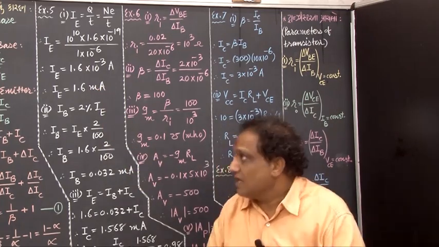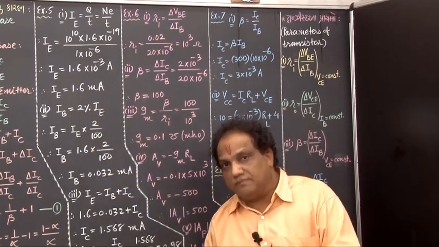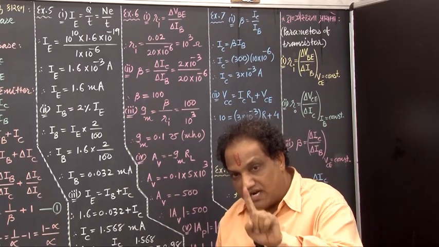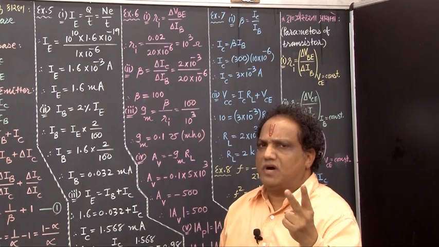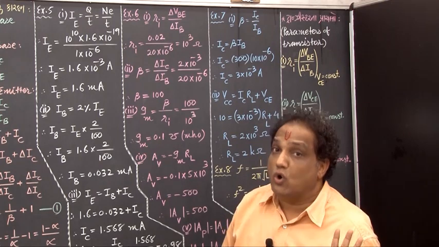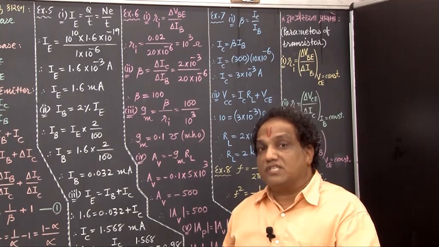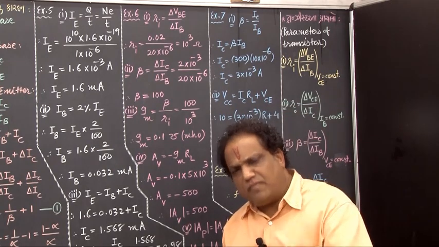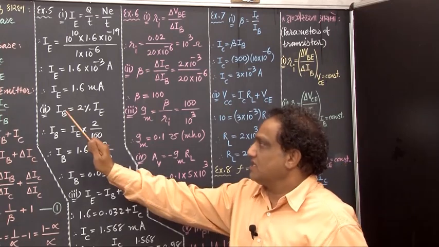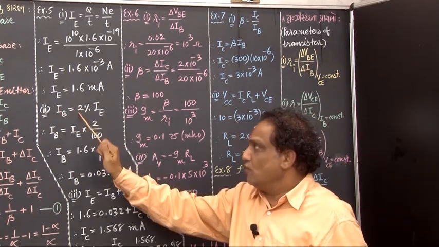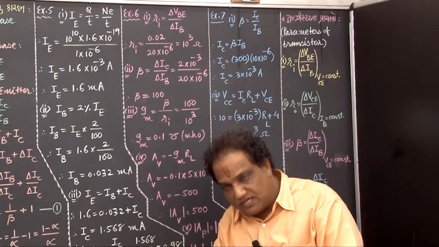1.6 milliampere. Now what is given to you in the statement? Out of the number of electrons entering from emitter into base, only 2% of that number associates with the holes, correct? So the base current constituted will be simply 2% of the total current, that is 2% of the emitter current.